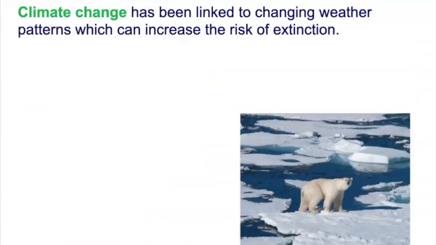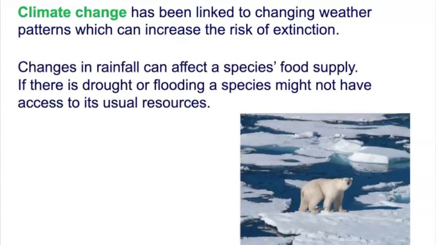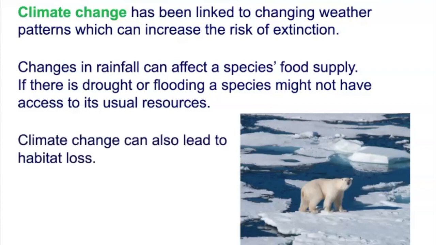Climate change is another factor that puts organisms at risk. Climate change has been linked to changing weather patterns, which can increase the risk of extinction. Changes in rainfall can affect a species' food supply. If there is a drought or flooding, a species might not have access to its usual natural resources.